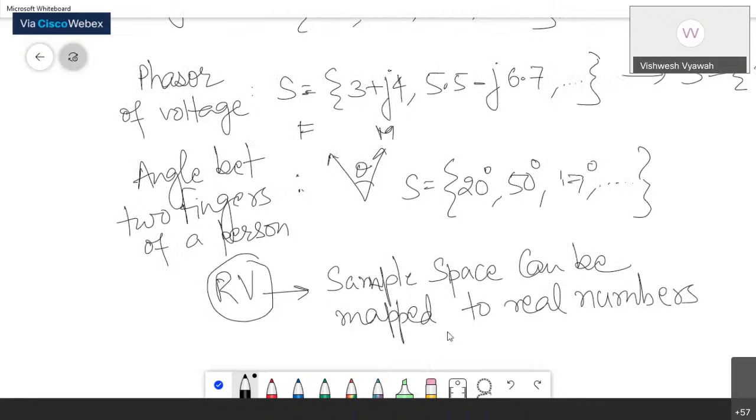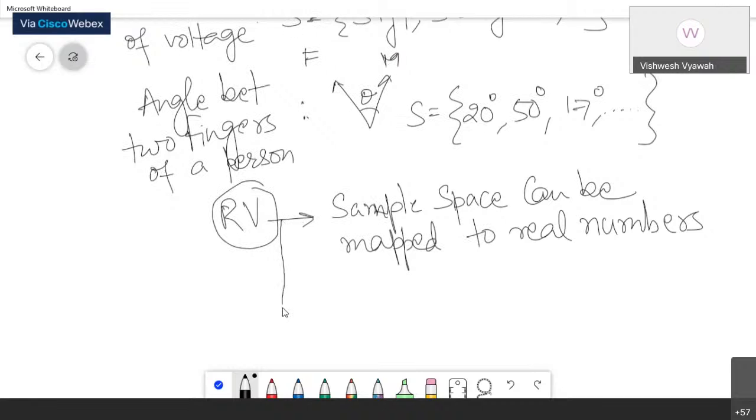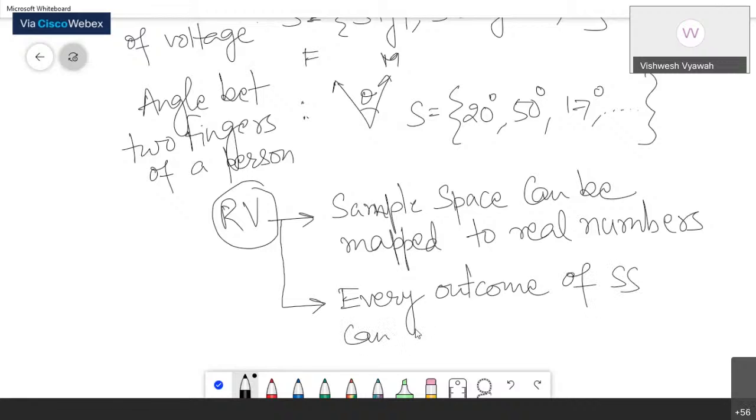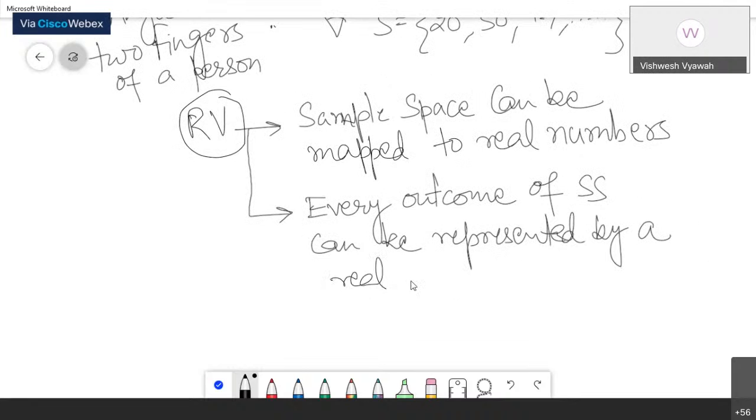In other words, I can become more detailed and say that every outcome of S can be represented by a real number.